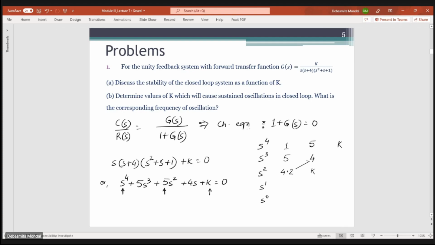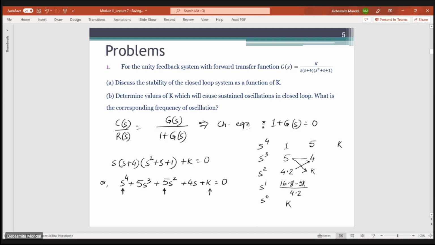You have to multiply this first, then move diagonally and multiply this. Yes, ma'am, 16.8 minus 5K, divided by 4.2, right? So you multiply this term with this, then come diagonal, and then 5 multiplied by K divided by the previous term, which is 4.2. There won't be any term over here, right? And the last term will be just equal to K, right?